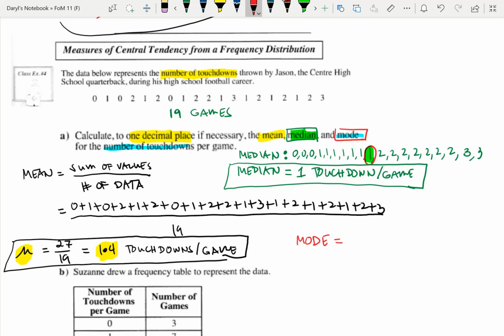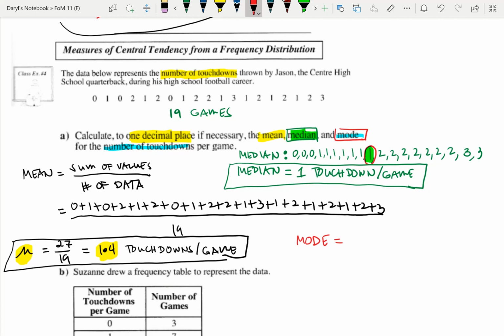So in this case here, if you count, there are 7 ones. So the data 1 touchdown appears 7 times, as well as 2 touchdowns.